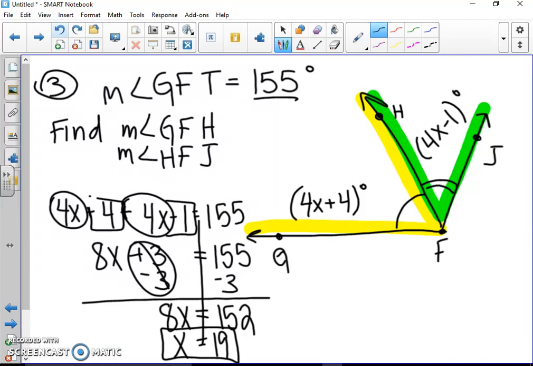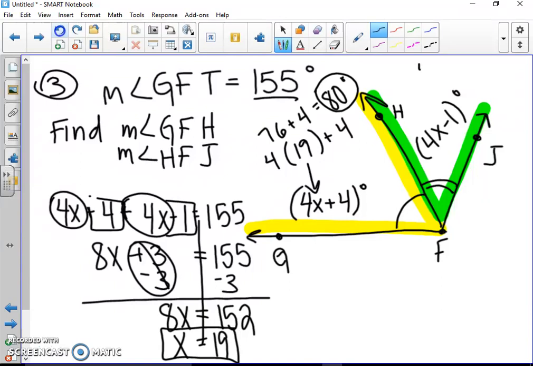And then as you figure that out, we're going to plug that in to figure out our individual measures. So we've got 4 times 19 plus 4. 4 times 19 is 76, plus 4 is 80.